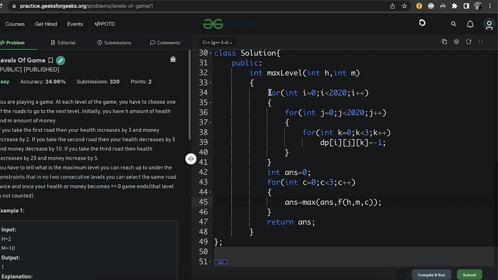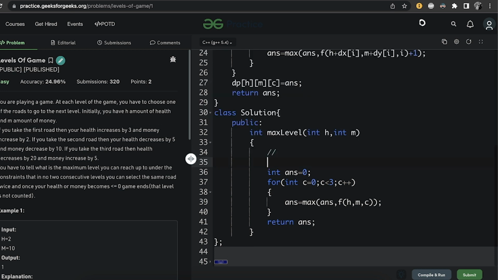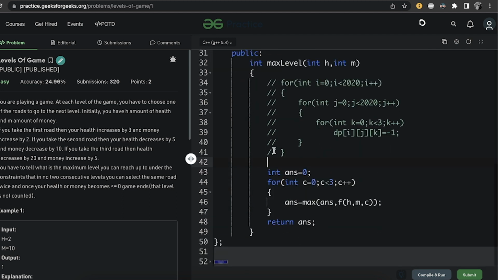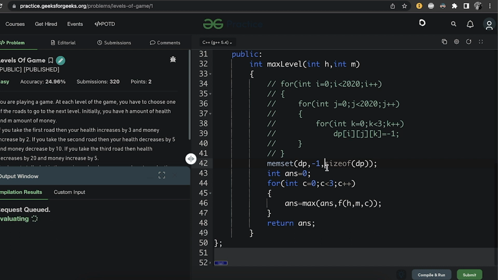Just a small bit of implementation trick that you can use. You can comment this out. Suppose you find it tedious to have 3 nested for loops here. What you can do is simply use memset of dp, comma, -1, comma, size of the dp itself, which would fill up the dp with the value -1.